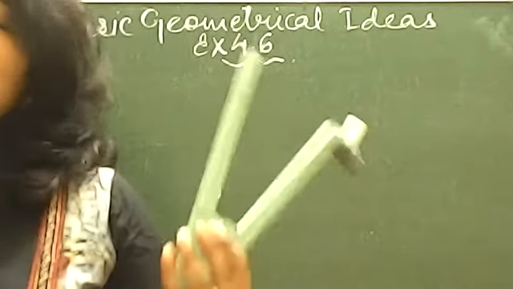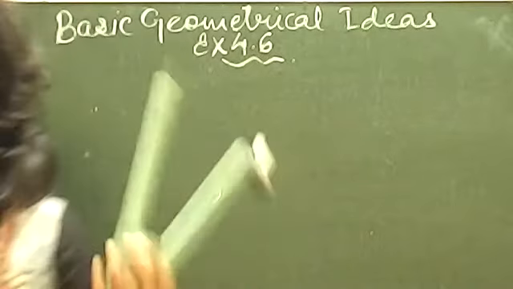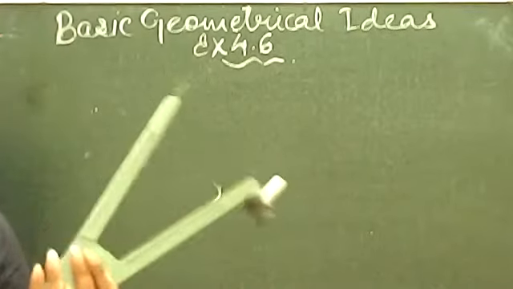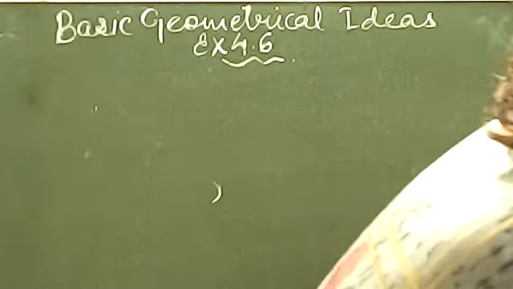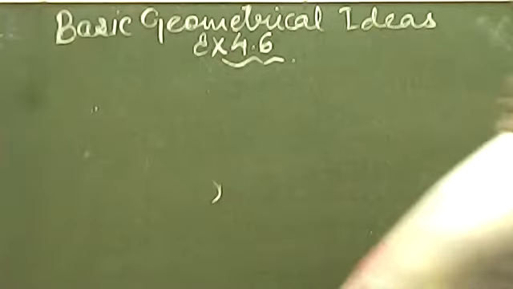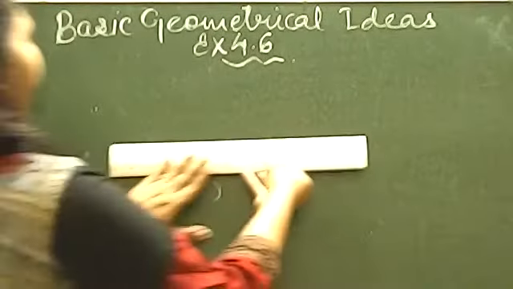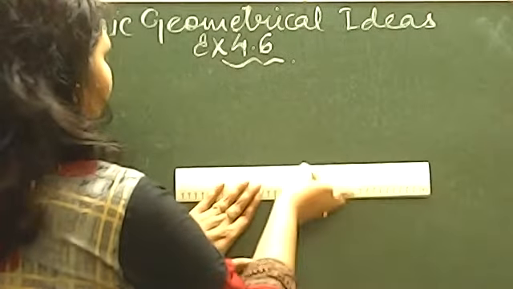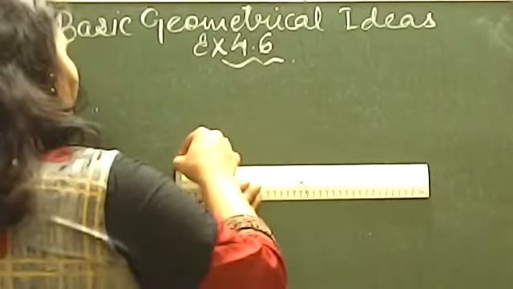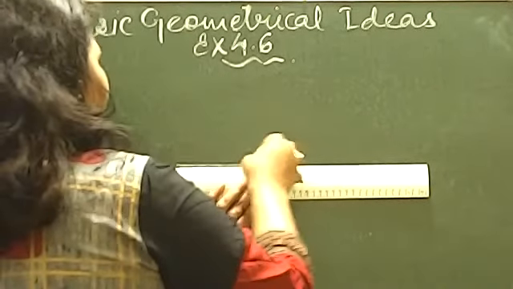With the help of this we will be drawing one circle and discussing the parts of a circle right now. So first, take a scale. All of you please take a scale and mark 5 centimeters on it, a line segment of 5 centimeters.